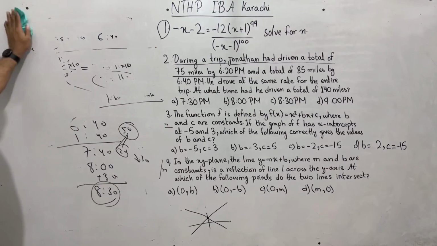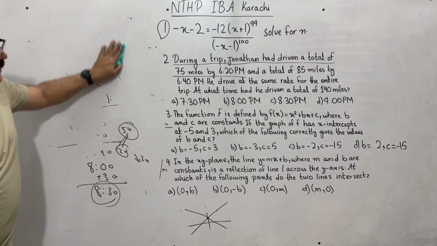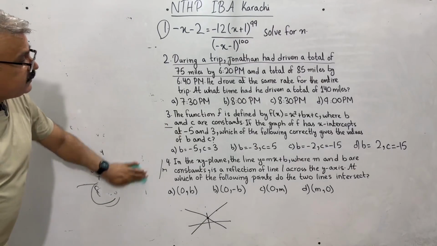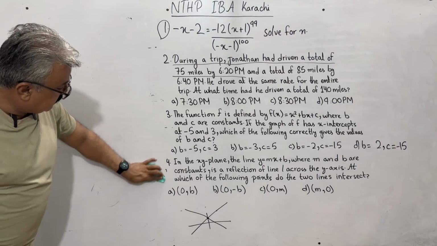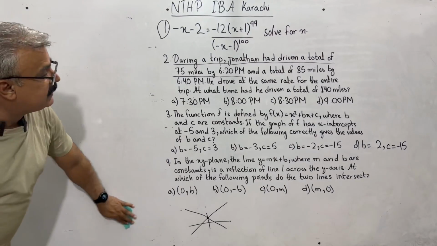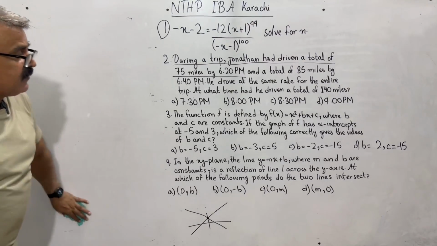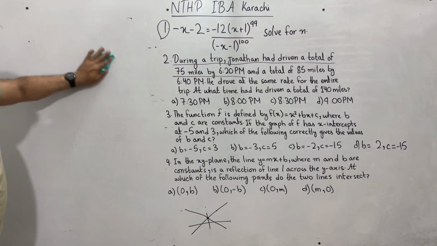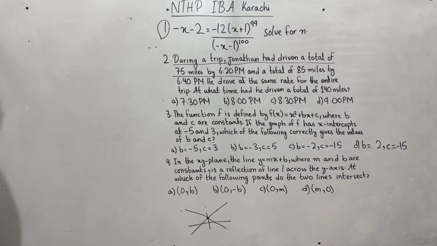Moving towards the next question: the function defined by f of x is equal to x square plus bx plus c, where b and c are constants. If the graph of the function has x-intercepts -5 and 3, which of the following correctly gives the values of b and c?